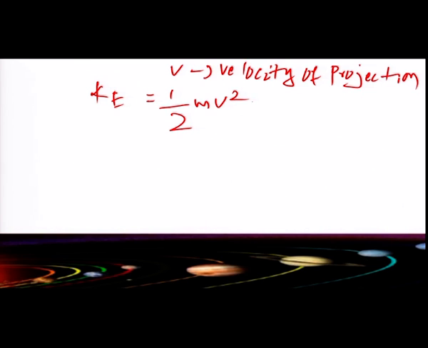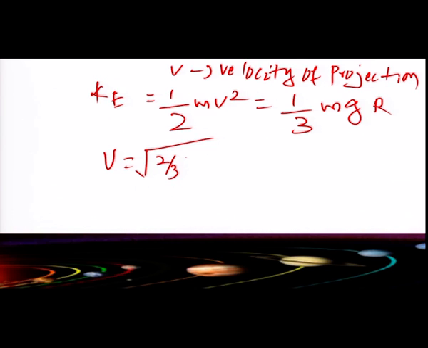So, therefore, we already derived in the last slide, that is equal to 1 by 3 mgR. Therefore, we will find what is the velocity. The velocity is root of 2 by 3 into gR.